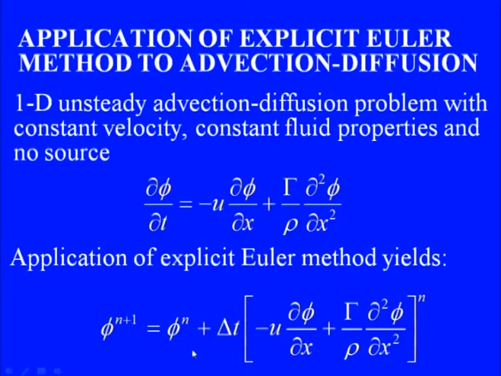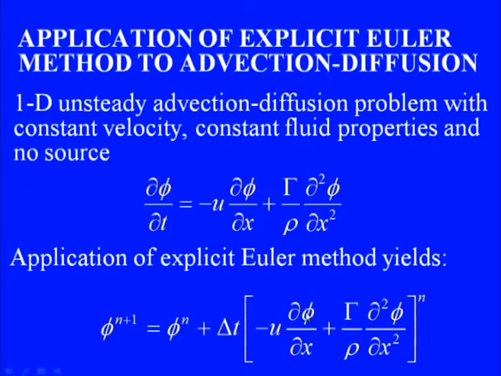So this is in a form very similar to our standard initial value problem. Our d phi by dt is the left hand side, and the right hand side is our function f. So let us apply the explicit Euler method. We get phi n plus 1 is equal to phi n plus delta t times this function evaluated at time t n, that is minus u del phi by dx plus gamma by rho del 2 phi over del x square at time instant n.